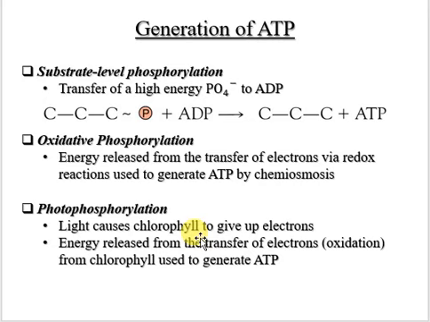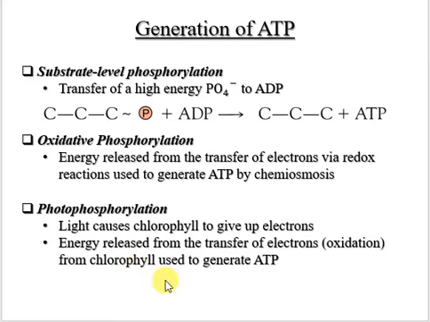Now going back to ATP as far as its production, or how we generate ATP, there are three ways that ATP is generated by the cell. We will be seeing two of these methods in action when we go through cellular respiration. Photophosphorylation is specific to photosynthesis.